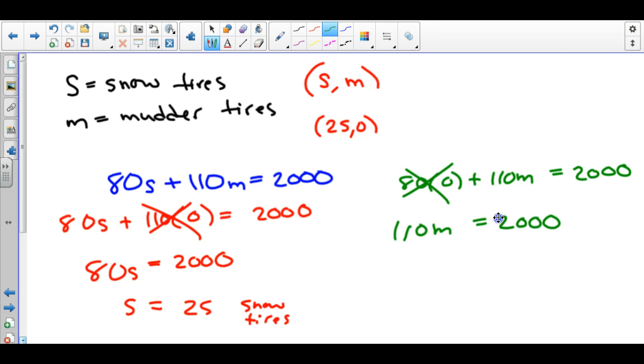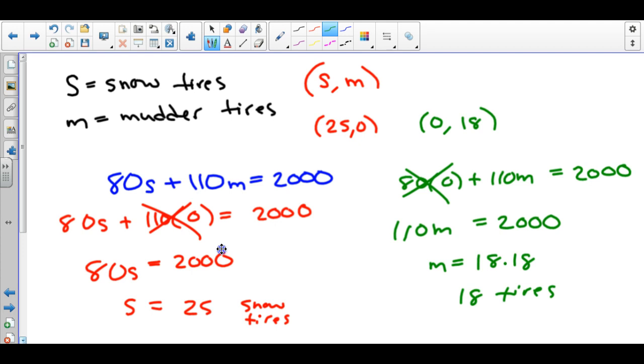So if I take 2,000 and divide by 110, I end up with 18.18 tires. You can't buy the 0.18, and we can't afford to round up, so I'm going to write 18 tires as my intercept. So that one would look like 0 snow tires and 18 mudders. Okay, and those again were your two intercepts.